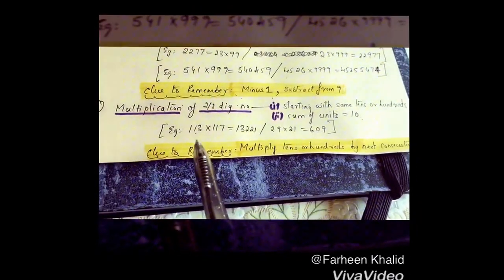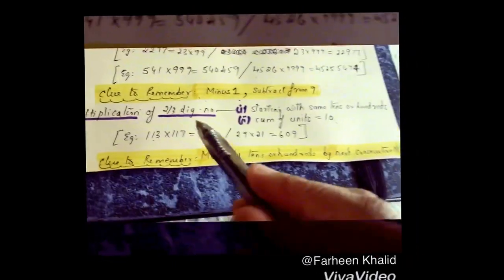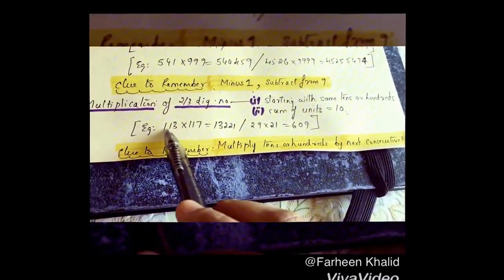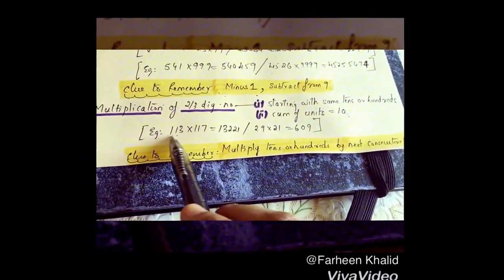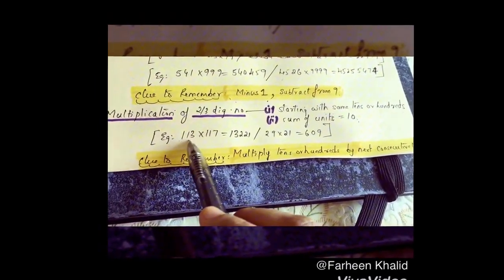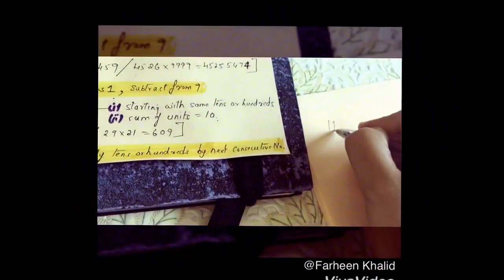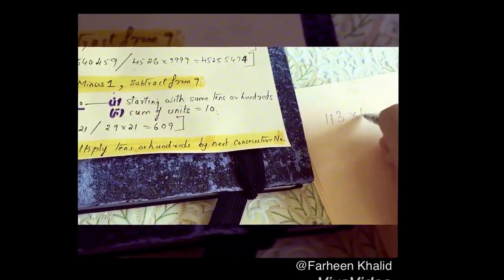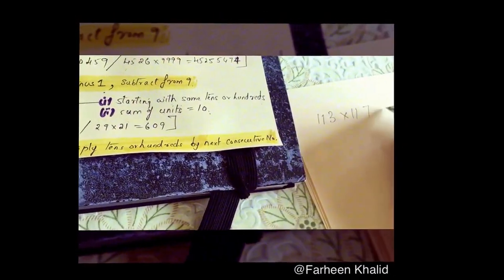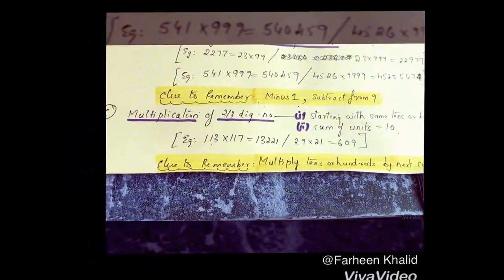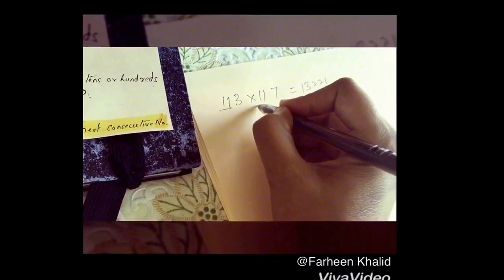All you have to do is, first you take the number 11. Okay, let's write it down here first. It's 113 times 117. Now the answer given here is 13221.